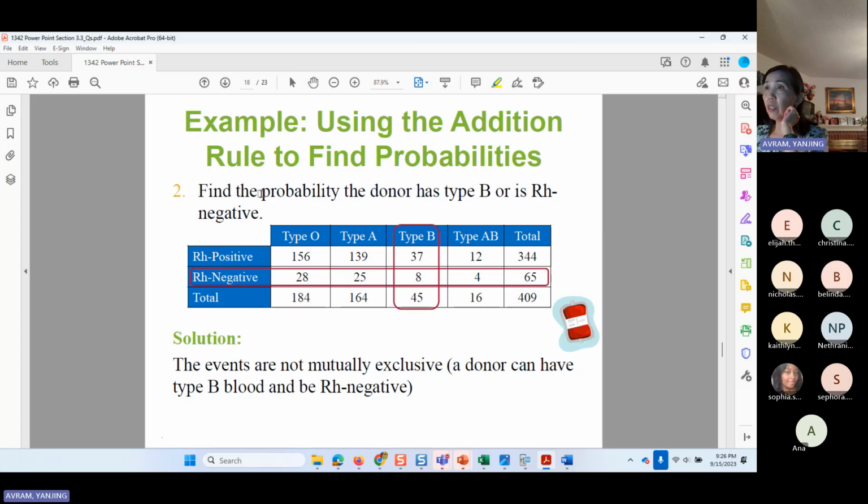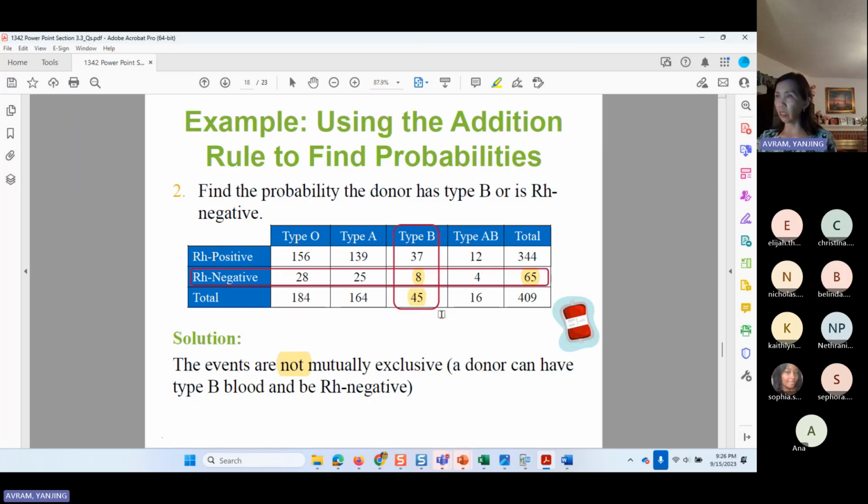The second one, you want to find the probability of a type B or Rh negative. All right, so this one is not mutually exclusive. Why is it not mutually exclusive? Because if you add type B together, you have a 45, right? And then if you look at the Rh negative, you have 65, which already includes 8. If you count this one as 45, you also count 8.